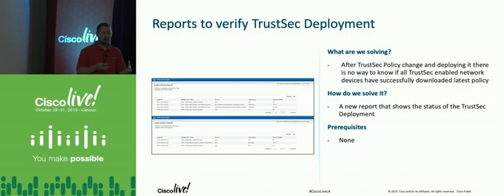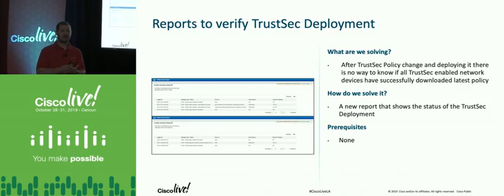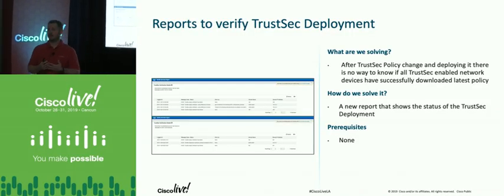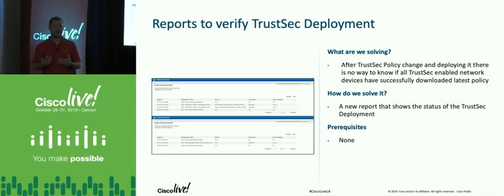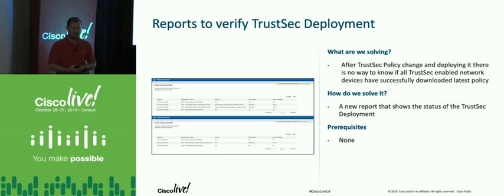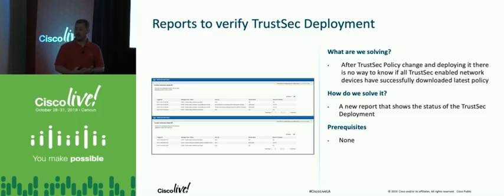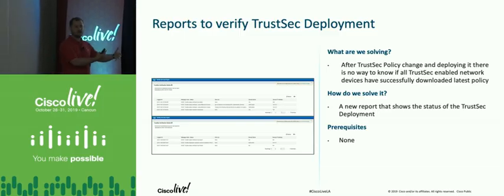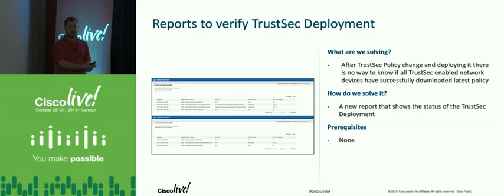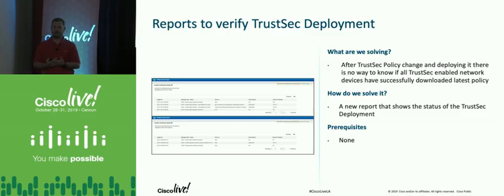Over the past couple years, we've seen a lot of the larger customers look to increase the presence and features of ISE. One of the biggest features is trying to do network segmentation. One of the challenges a lot of customers had, as they looked to roll out TrustSec or segmentation to their networks, was that some of the systems or network access devices, or NADs, wouldn't actually get the updated version of the policy.